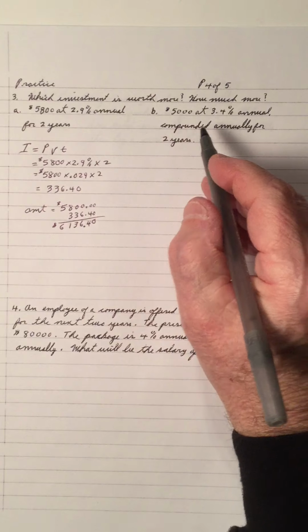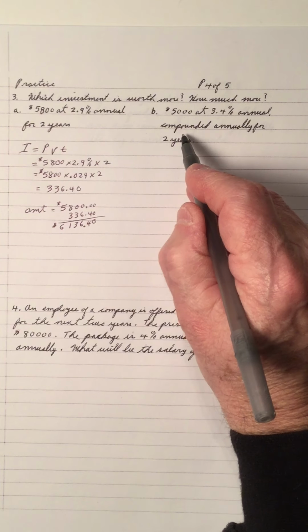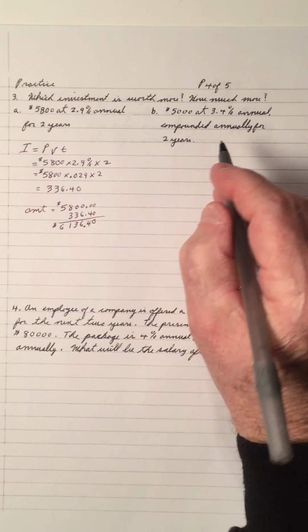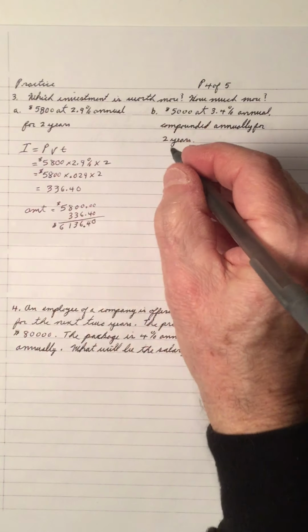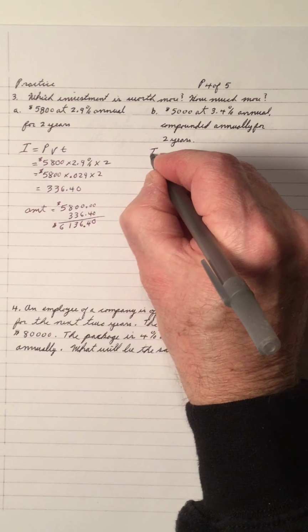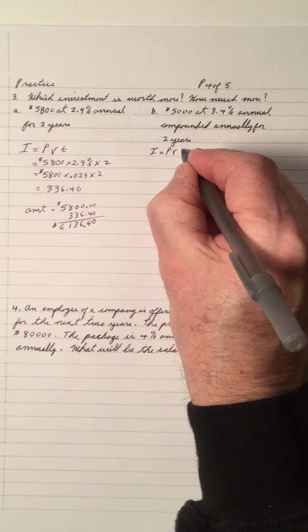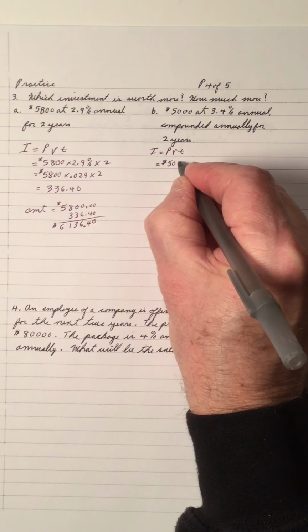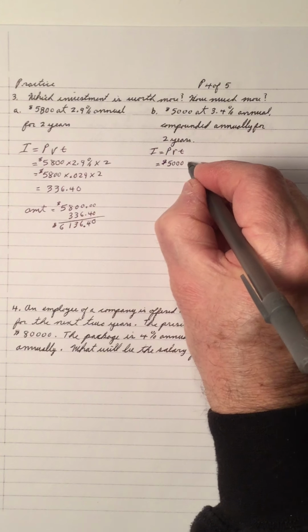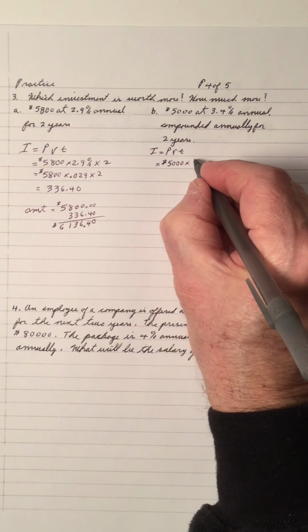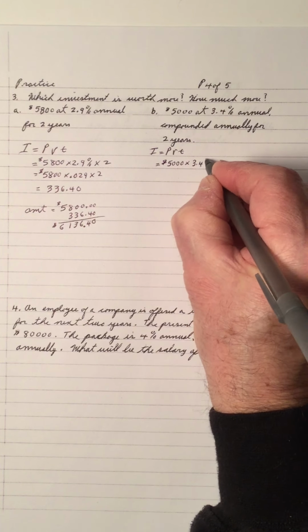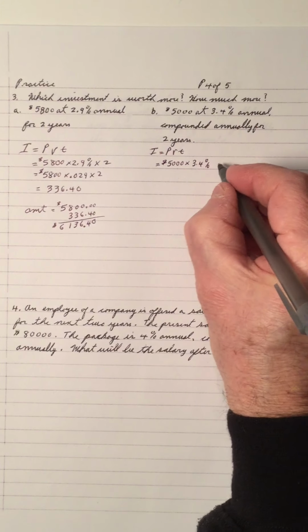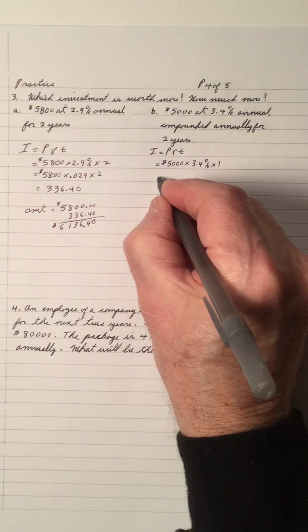B over here is annual, but it is being compounded. So that means I have to work it out twice like I did before. So I do interest is principal times rate times time. I have $5,000, or the account has $5,000 at 3.4%, and we'll work it out for the first year.